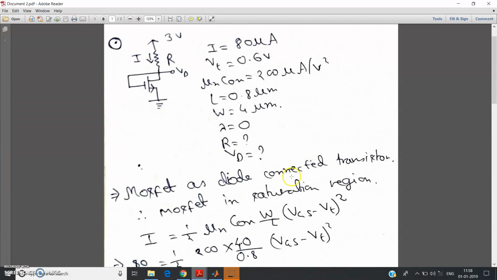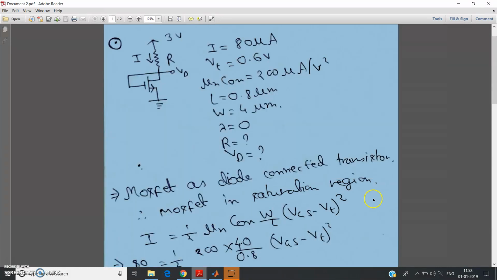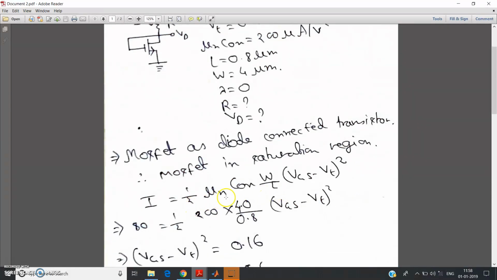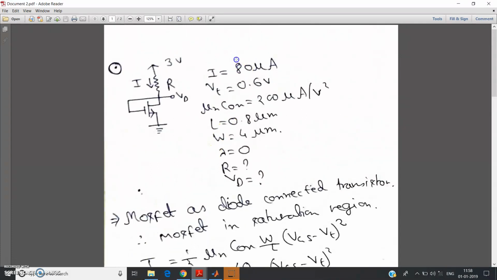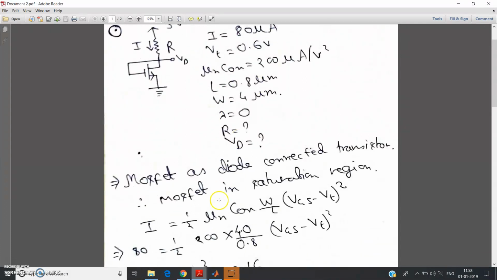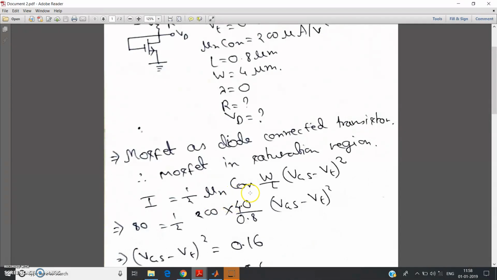So let us calculate VD. The MOSFET is a diode connected transistor, so obviously it is in the saturation region, so apply the formula I equal to half into mu n into COX into W by L into VGS minus VT whole square. Now substitute the values. I is 80 microampere. Half into mu n into COX is 200 microampere per volt square.